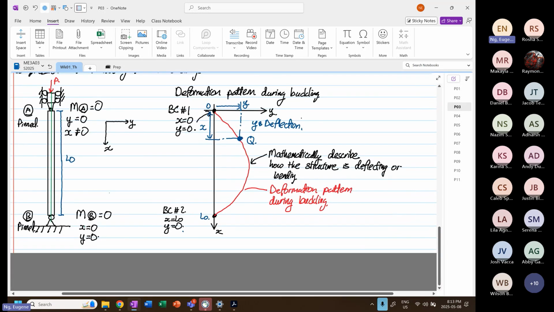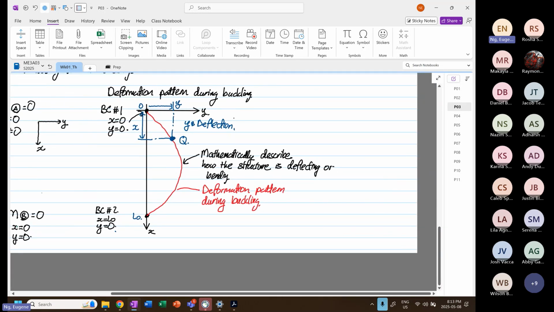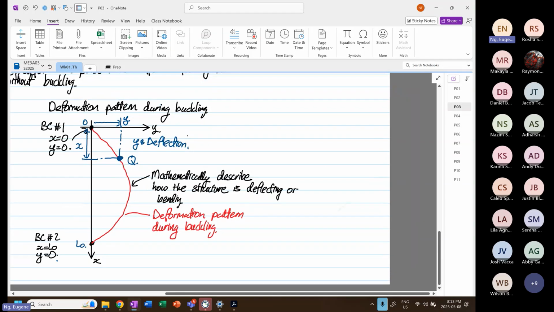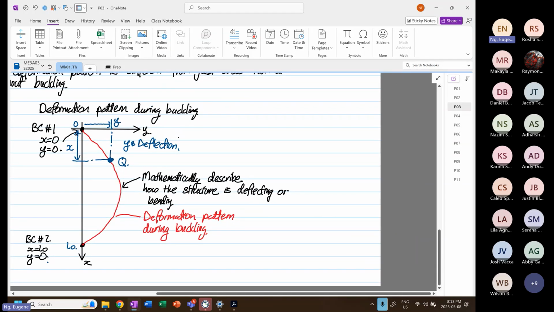Now, if we are going to deal in terms of forces, what is going to happen at point Q? Okay, so I'm going to copy. No, I don't need to copy. We are going to declare at this point.